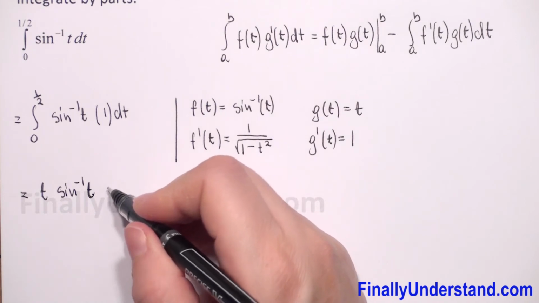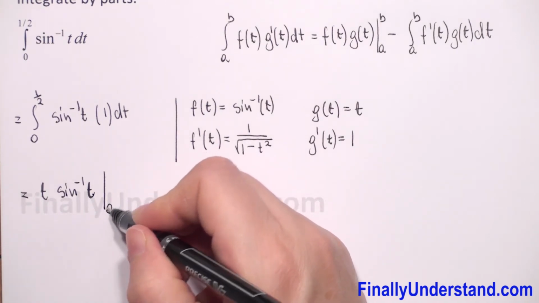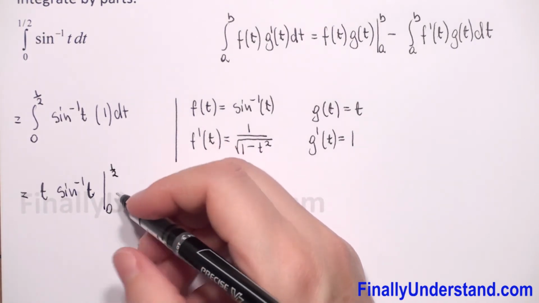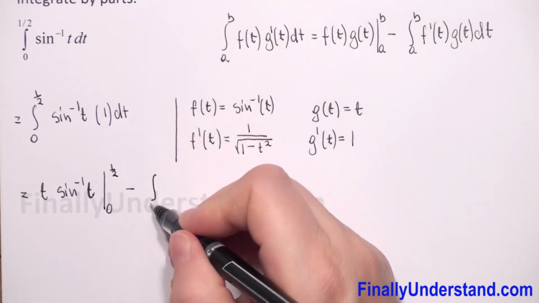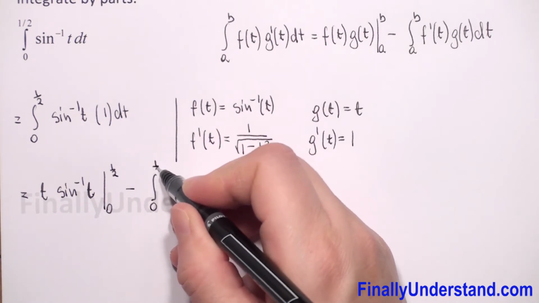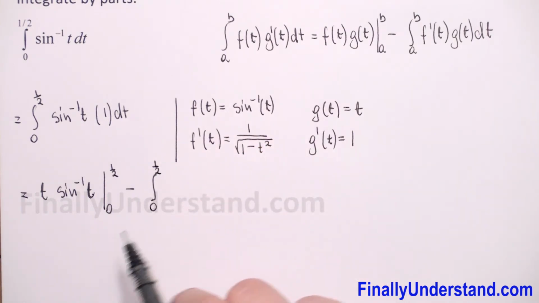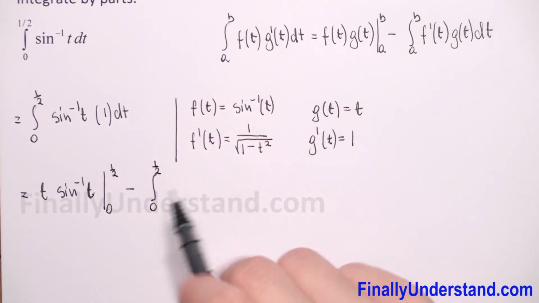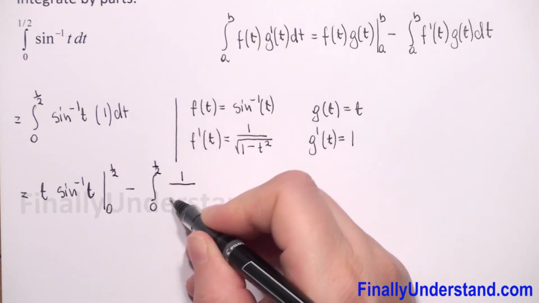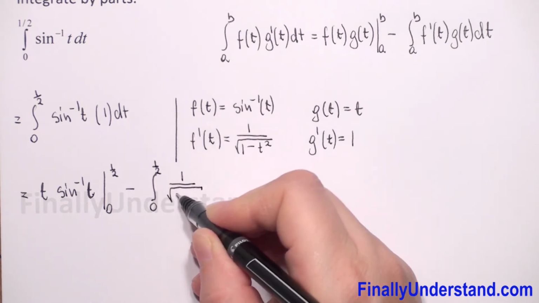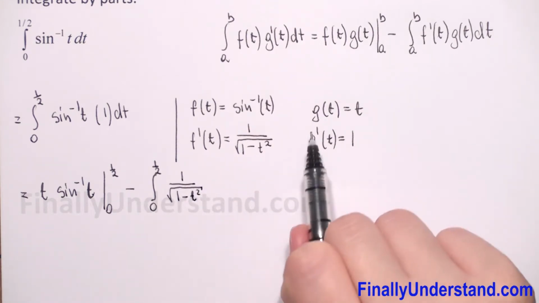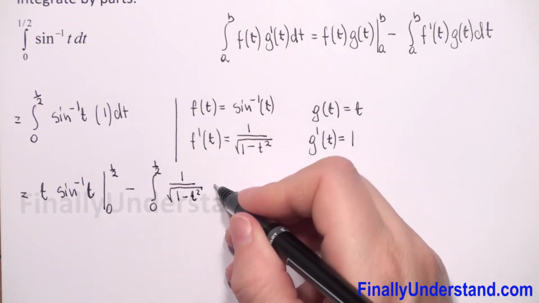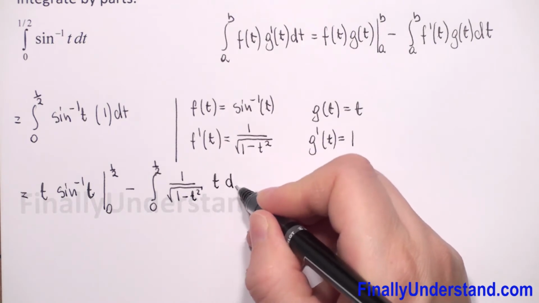and we have limits from 0 to 1/2 minus, now we have the definite integral from 0 to 1/2 of f prime, which is 1 over square root of 1 minus t square, times g, which is t, with respect to t.